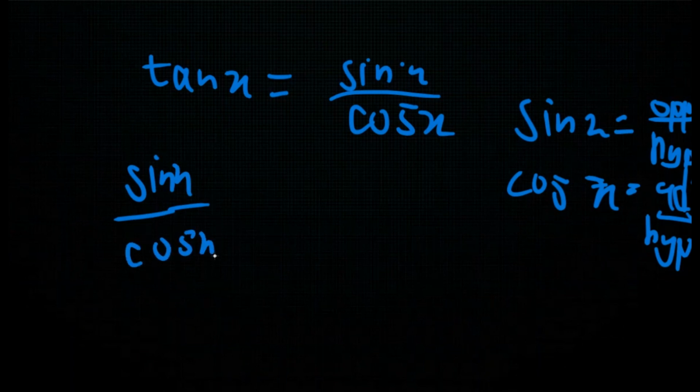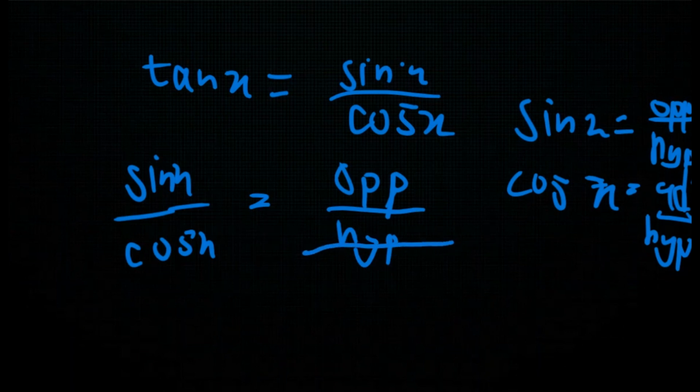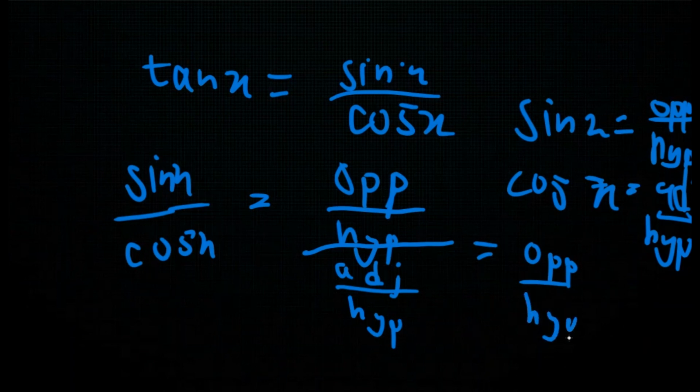So sine x over cosine x equals opposite by hypotenuse divided by, yes, this is a complex fraction, adjacent by hypotenuse. Or we could write it like this: opposite by hypotenuse times hypotenuse by adjacent.